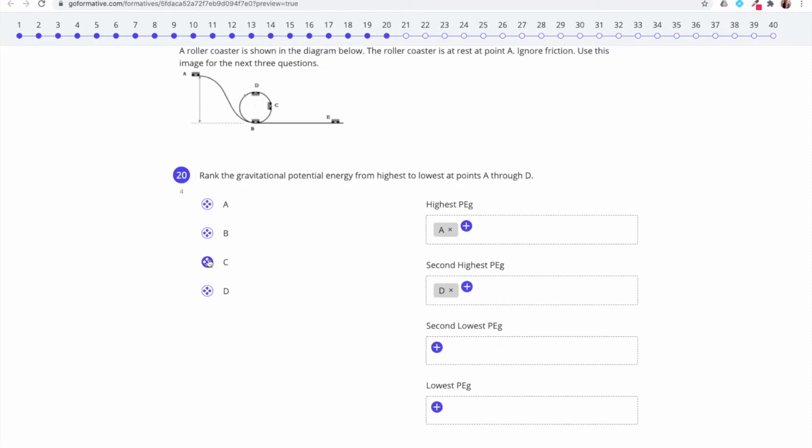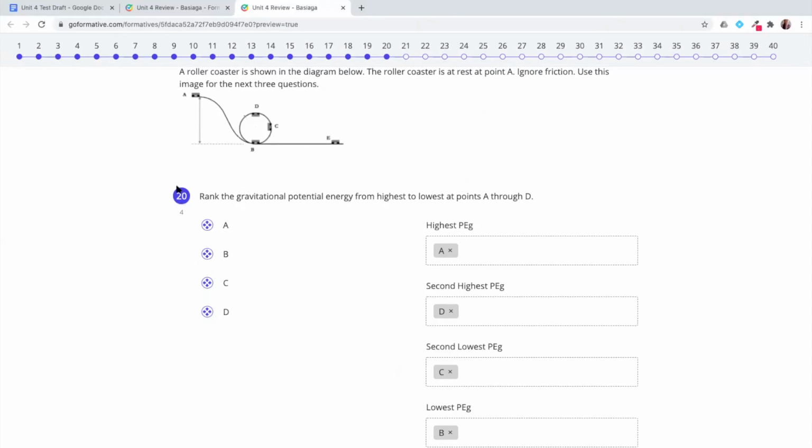C would be the second lowest, and B would be the lowest gravitational potential energy because it's on the reference line. As a reminder, the reference line means that anything on this line has gravitational potential energy of 0.